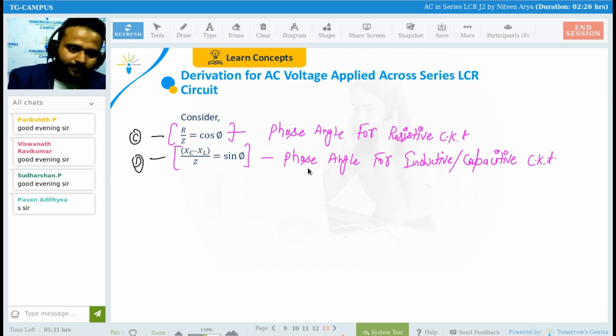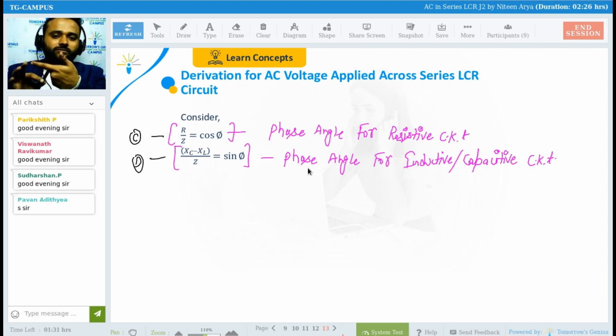What is the meaning of ahead? Wait a minute. Suppose the current is going in this way, then the voltage is going in this way, ahead. The black pen is the voltage, and the finger is the current. And if it is in this way, now you can see the current is ahead and the voltage is below.